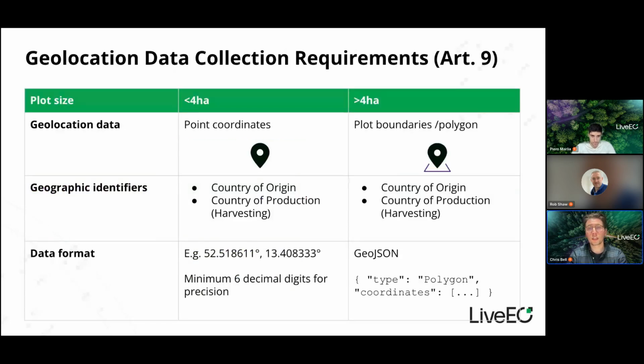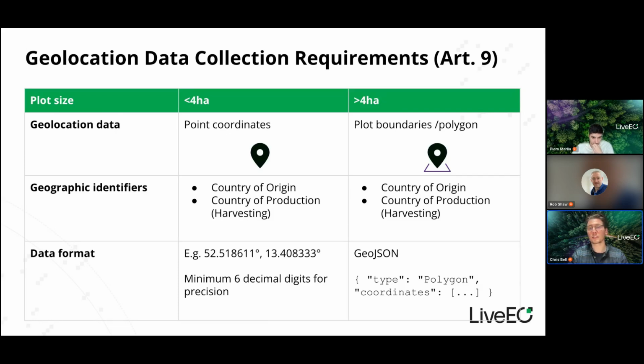So if you're looking at the requirements, you can see as well that there's also a split in Article 9 between whether or not your plot is under 4 hectares or over 4 hectares. Where it's under 4 hectares, you can provide a single point coordinate. Where it's over 4 hectares, you have to provide sufficient coordinates to describe the polygon, to describe the entire plot boundary.